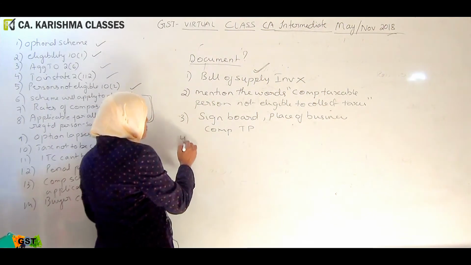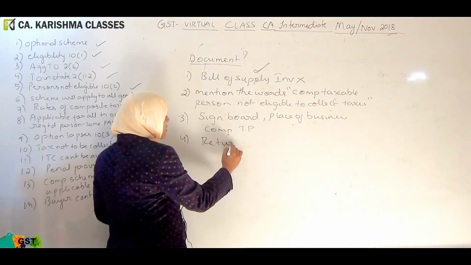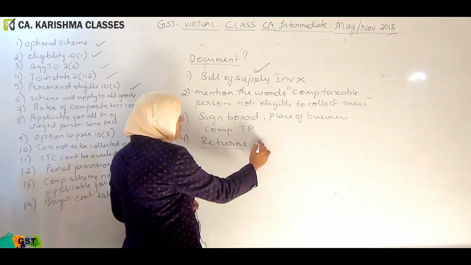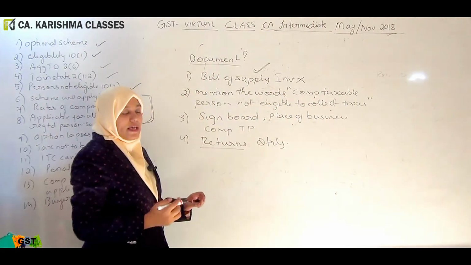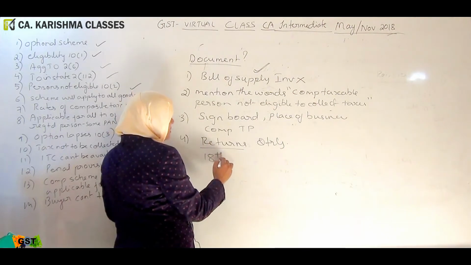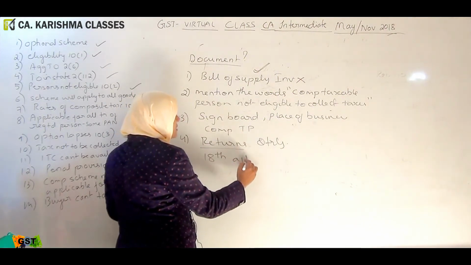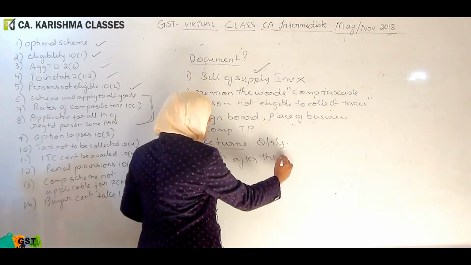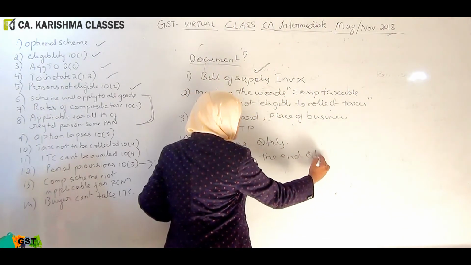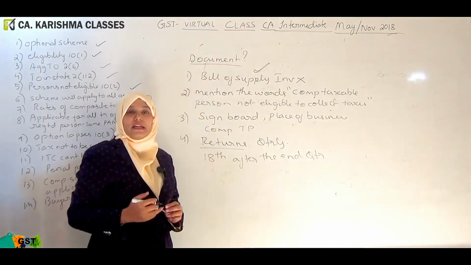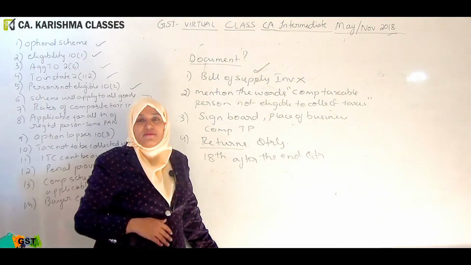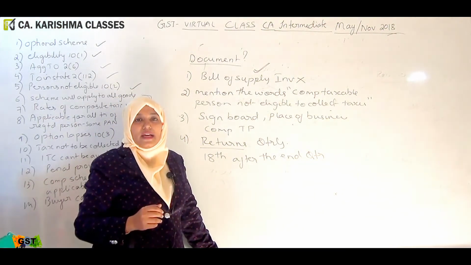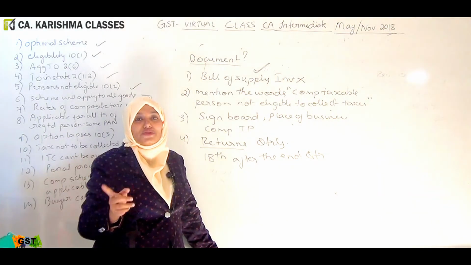And then coming to your returns. Okay, you will be filing returns which are quarterly. The law is saying by 18th after the end of quarter. Once the quarter is end, you have to file it by 18th. Now you will get a doubt where this 18th came from. The regular people are filing their returns on 20 of next month.